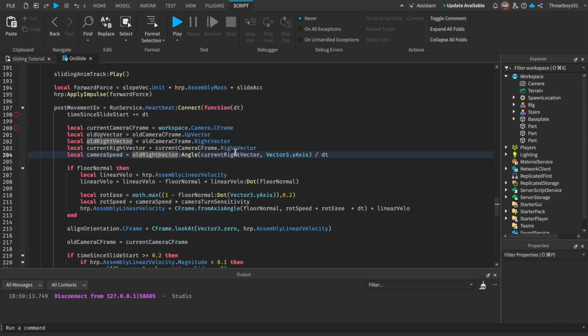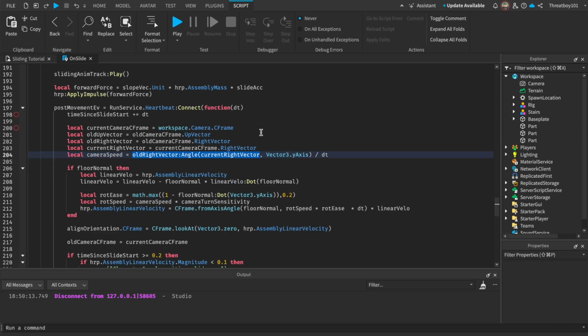There's something called the cross product right hand rule that determines which way this vector that it returns would point. But we can use that vector to determine the sign of the angle.